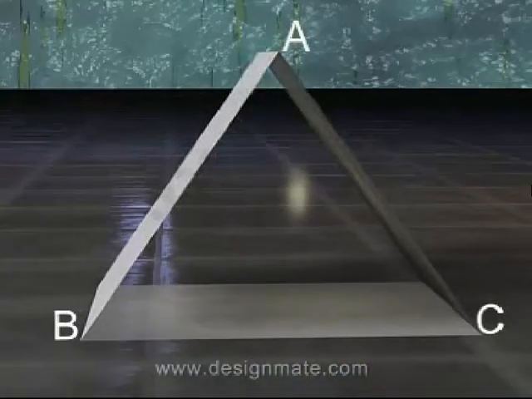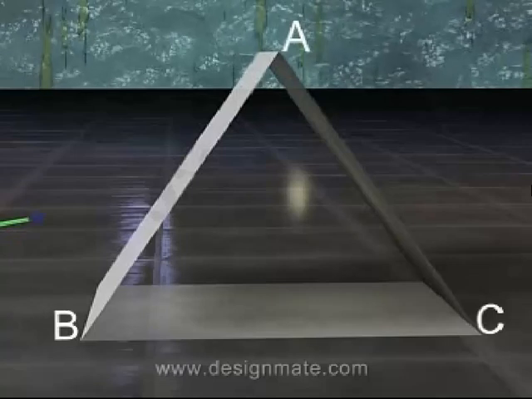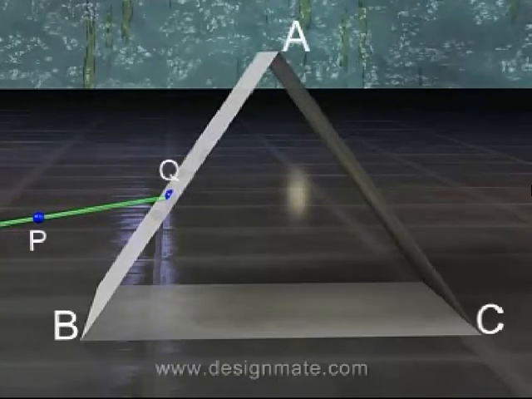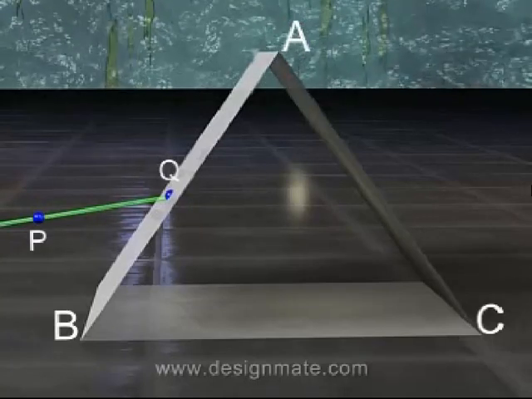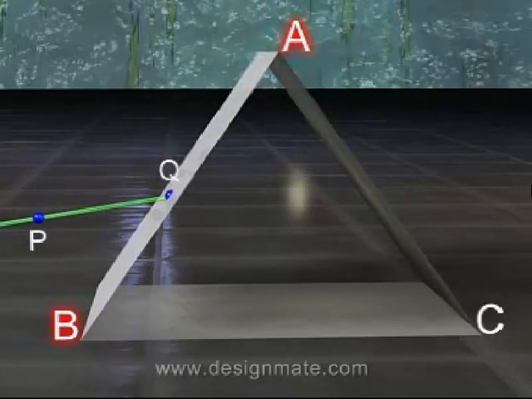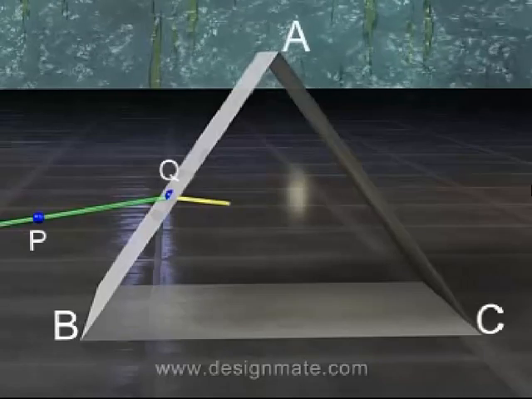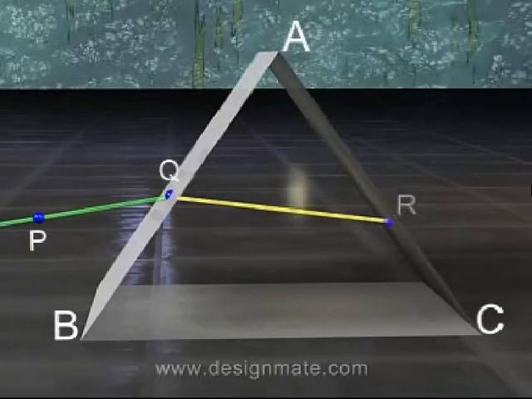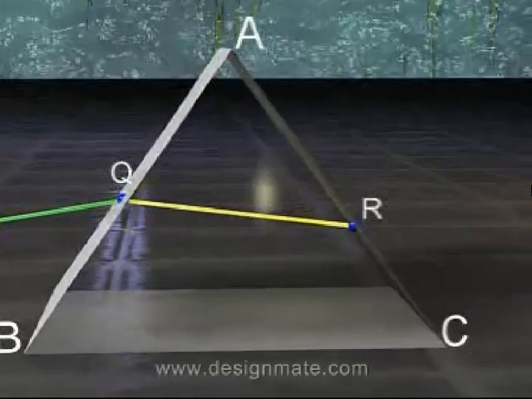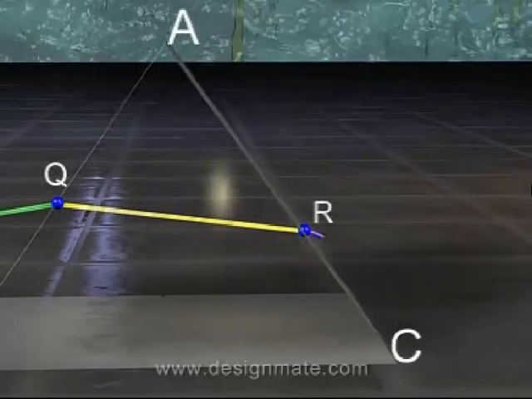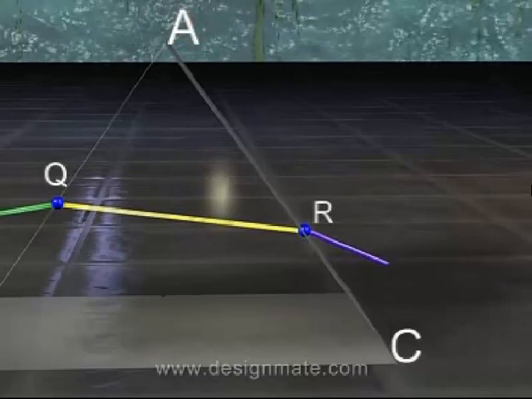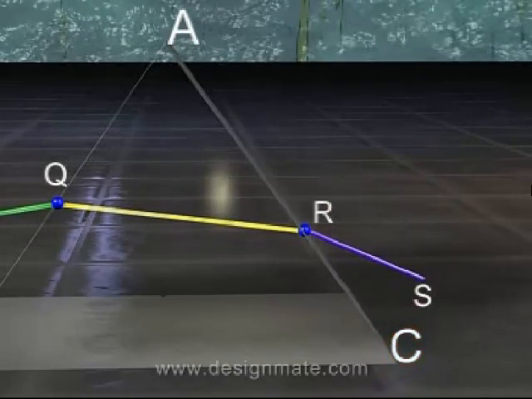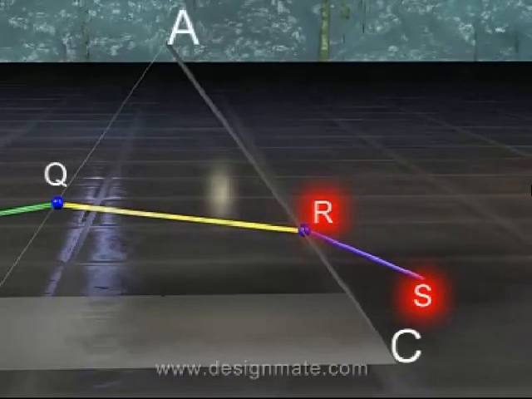The prism is placed in the air. A ray PQ of monochromatic light is incident on surface AB of the prism. This ray of light is refracted at point Q and advances in QR direction, and it is again refracted at R on the surface AC and emerges out in air in RS direction.